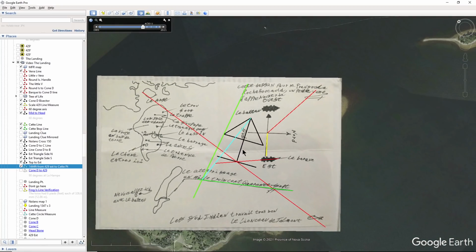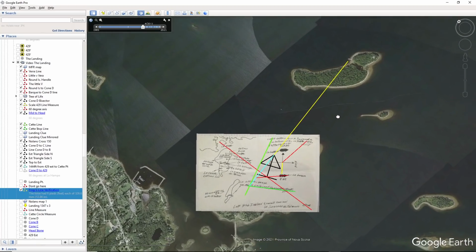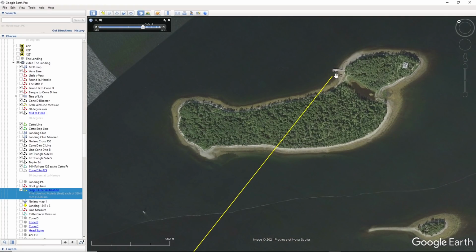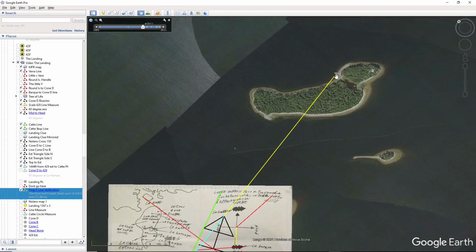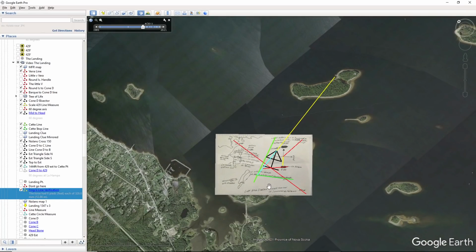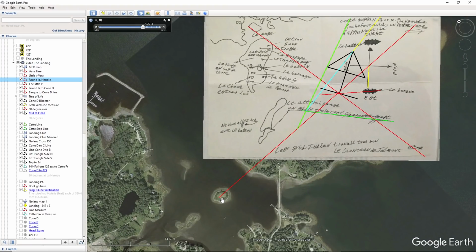So now we have a distance or a measurement that is to be equated to 1,347 pied. And if you take the extension of this line and you bring it out, it points directly to Frog Island. Now, we have two off-island references now.